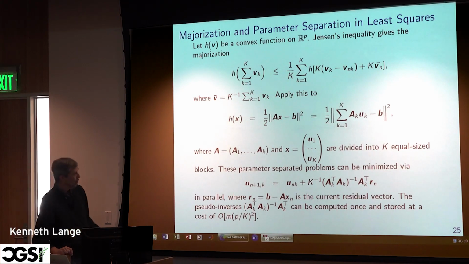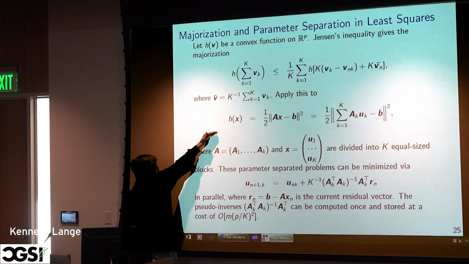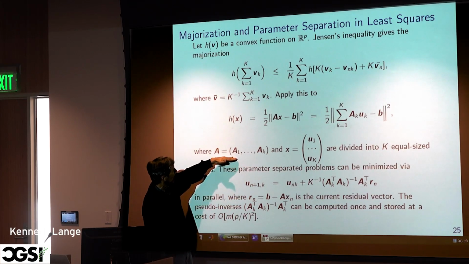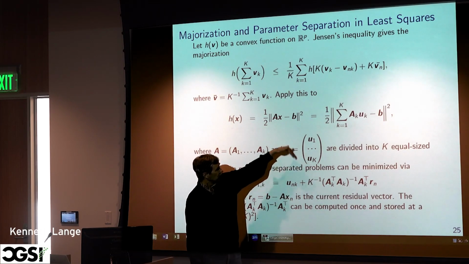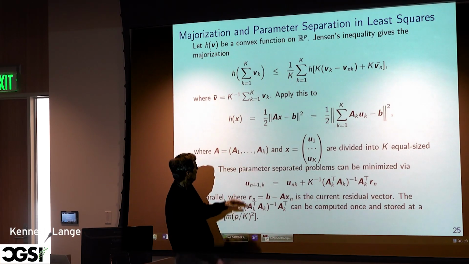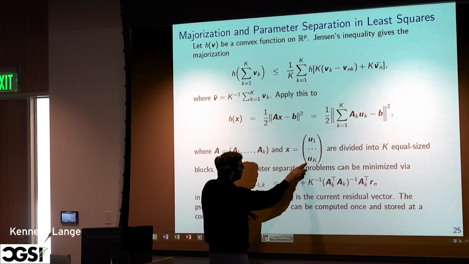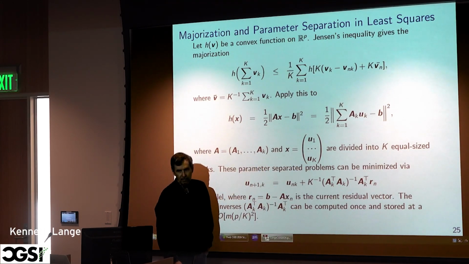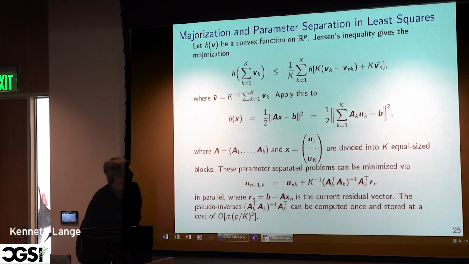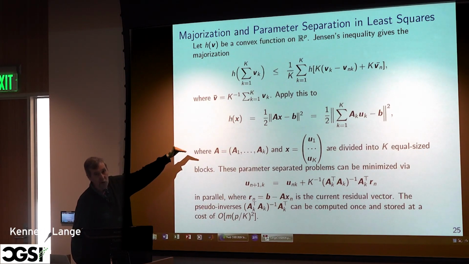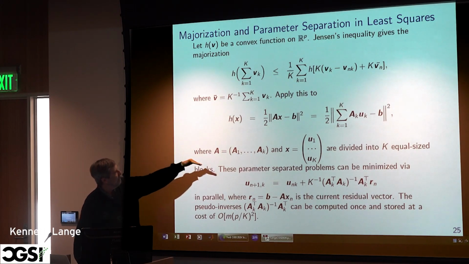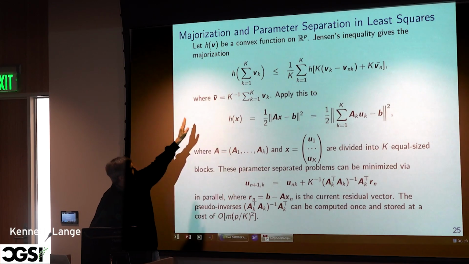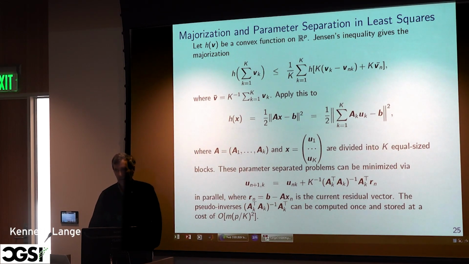Okay, so how does that work in least squares? You take the A matrix in blocks, and you take the x, the unknowns, in blocks, and when you multiply this matrix times that matrix, you get Ax. So we haven't done anything new. We've just represented the least squares in a different fashion. But now we can apply to the extreme right our Jensen's inequality trick.